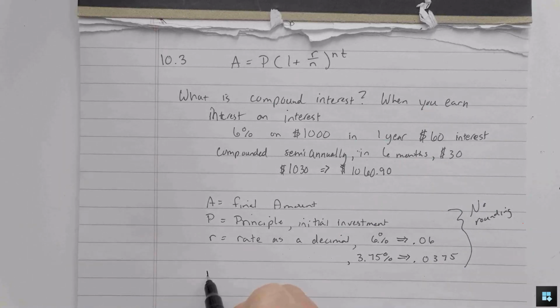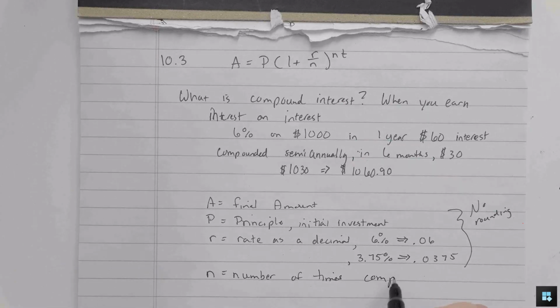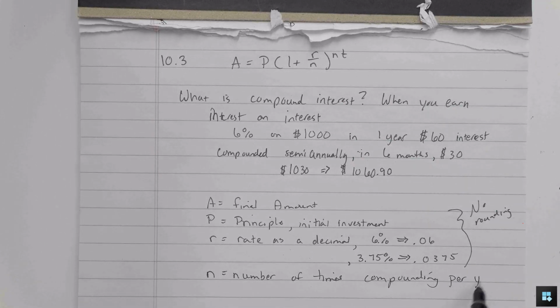N is the number of times compounding per year. And T is time in years.